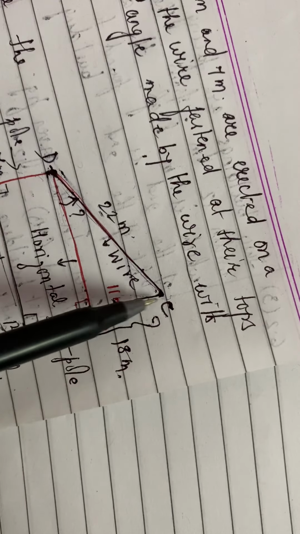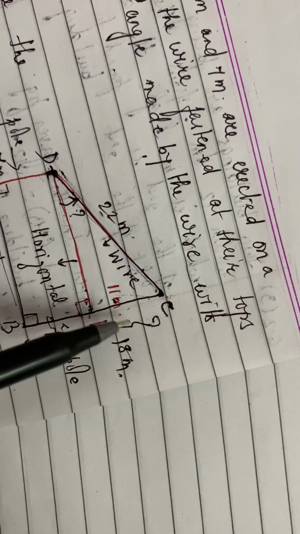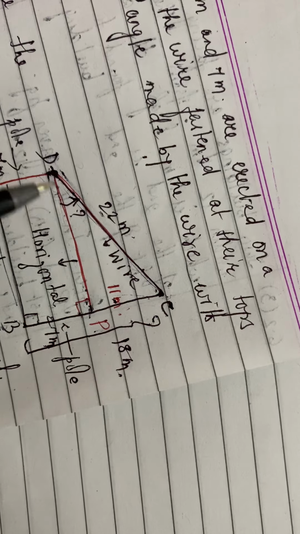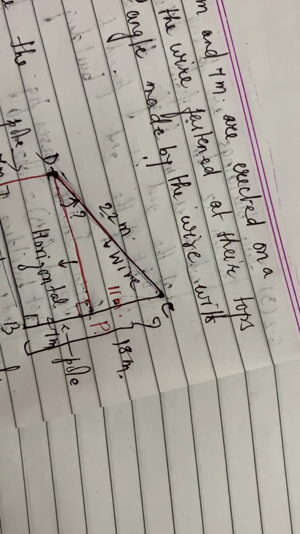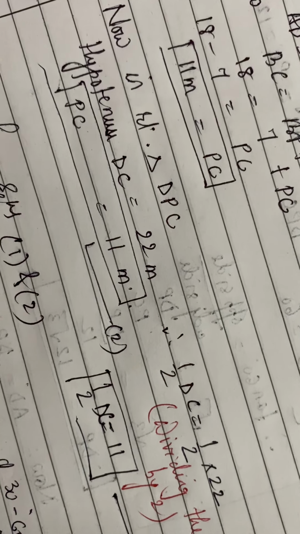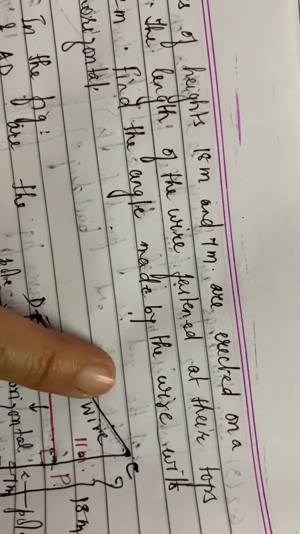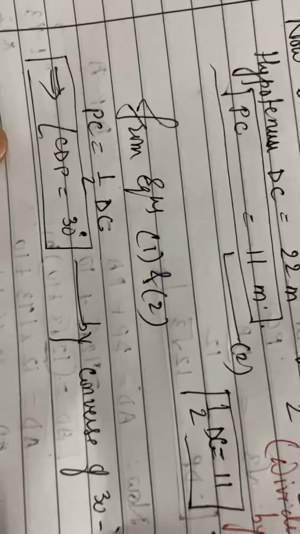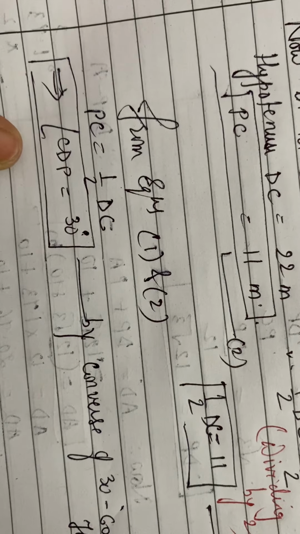If the side opposite to angle CDP is half of the hypotenuse, then this angle should be 30 degree by converse of 30, 60, 90 theorem. Hence we found the required claim. Find the angle made by the wire with the horizontal. The angle made by the wire with the horizontal is 30 degree.